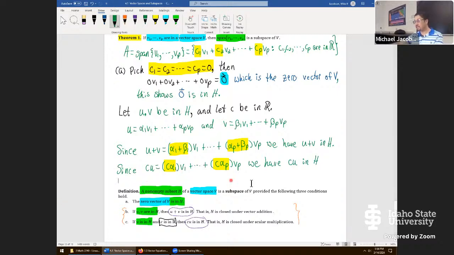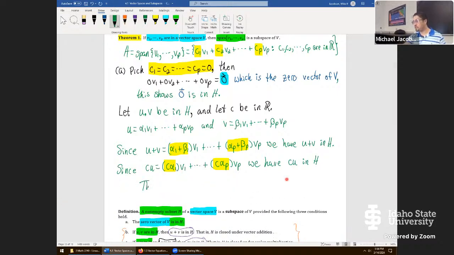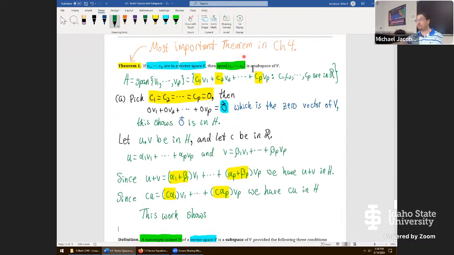We just need a conclusion here. Let's say this work shows we normally just say H is a subspace of V and call it good right there. But H was just a symbol, a variable we were using to take the place of all of that span. It's better to focus on this right here. That's the major punchline of theorem 1.